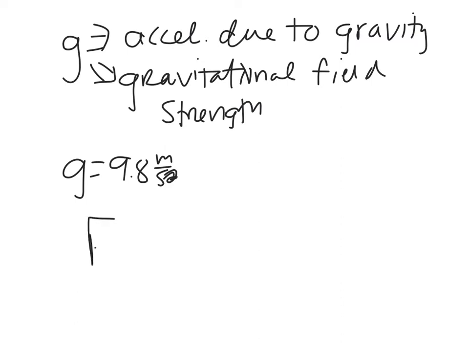We know that any two objects are attracted to each other using the equation F_G equals G m1 m2 over r squared, where r is the distance between the two objects. We also know that whenever you're on a massive object, you're going to be attracted by its gravity.